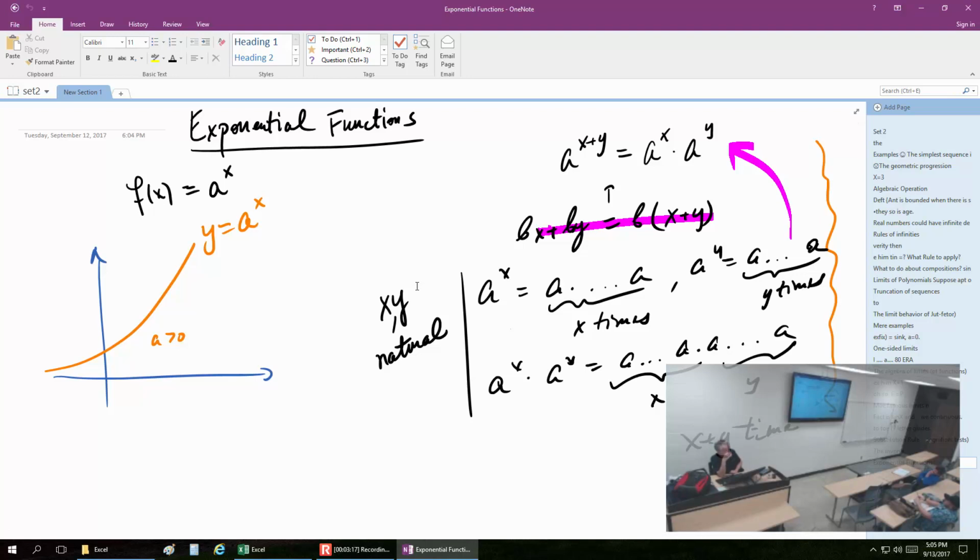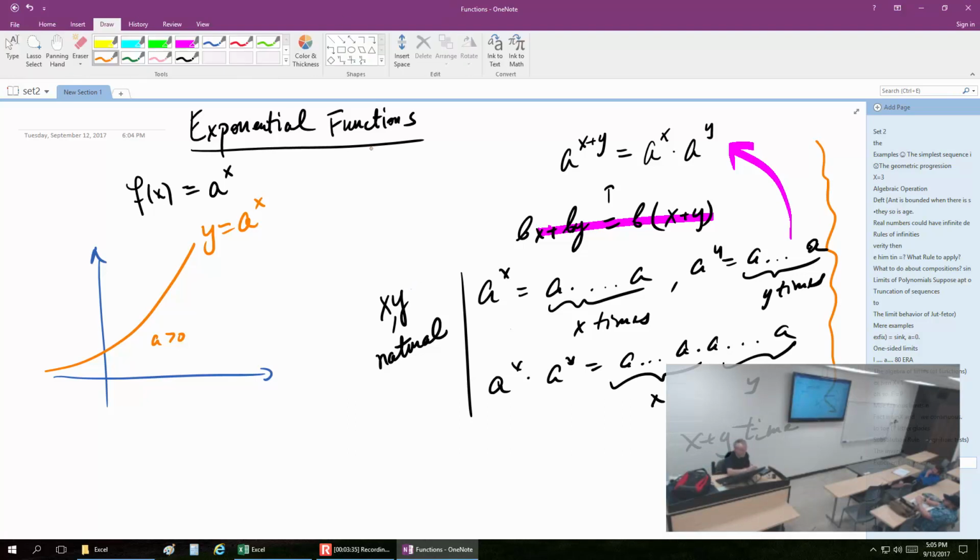So exponentiation is just repeated multiplication. If x is a natural number, then all you have to do is multiply a by itself x times. So if x is 1, 2, 3, 4, and so on, the exponentiation is simply the powers.